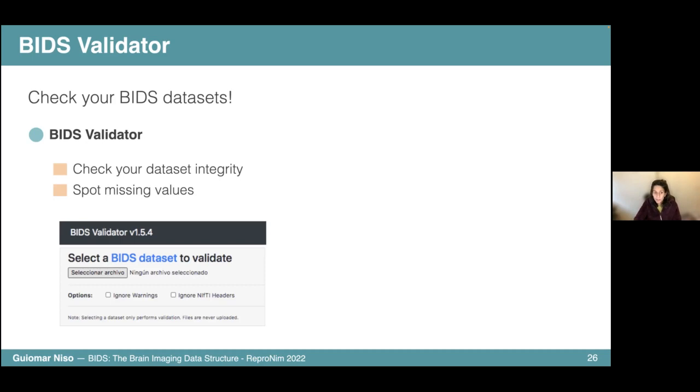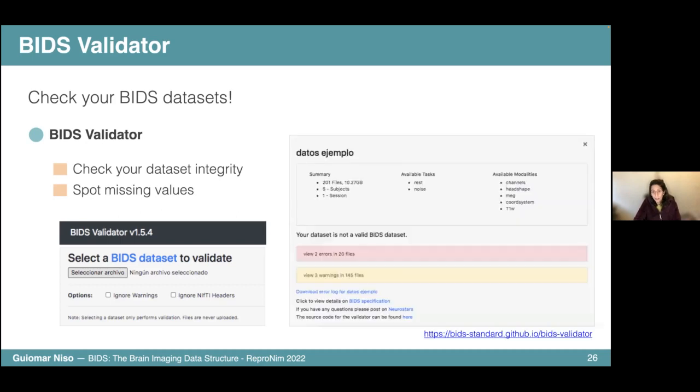But this BIDS validator runs locally in your computer, so nothing is stored on the cloud. And then it can give you some clues of what's missing, the errors you have, the warnings you have, some recommended values that you have not included, or some required ones which you are missing, which will yield an error.